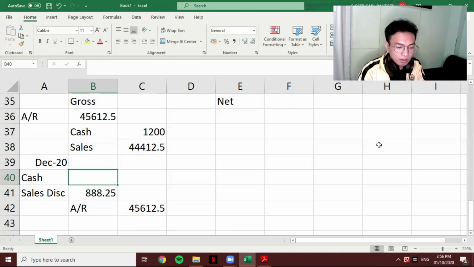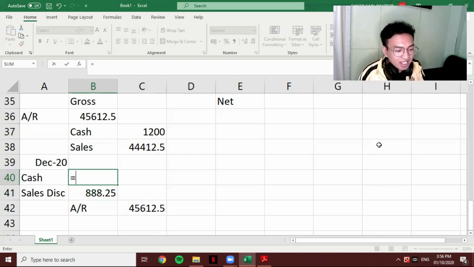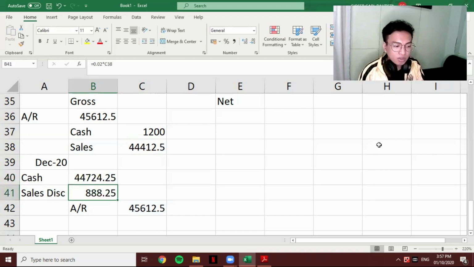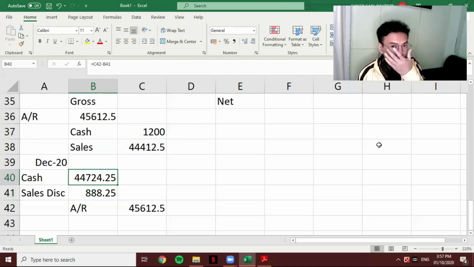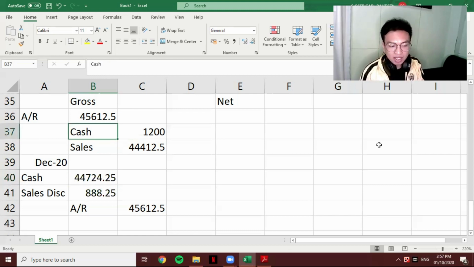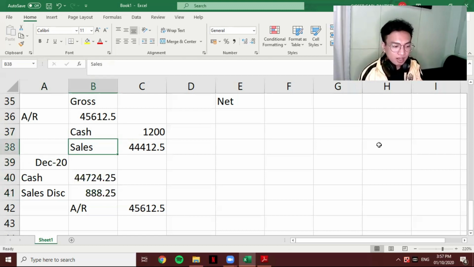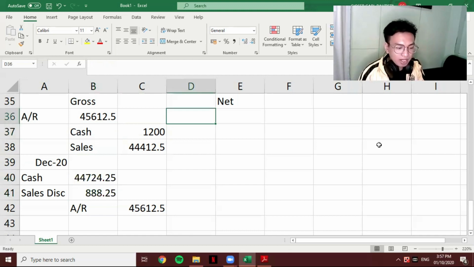That is 888.25. So our cash received from our customer is only 44,724.25. Andyan na rin po yung freight na binayaran natin para sa kanila. Natanggap na rin natin, since we assume that during their payment of this sale, we also got etong freight na binayaran natin para sa kanila.